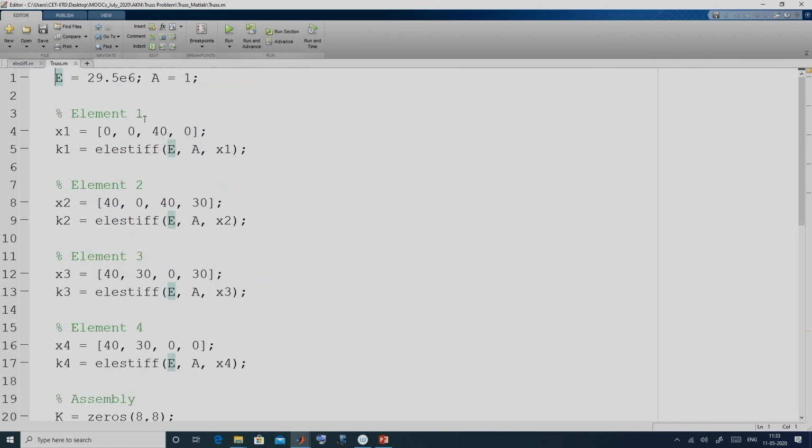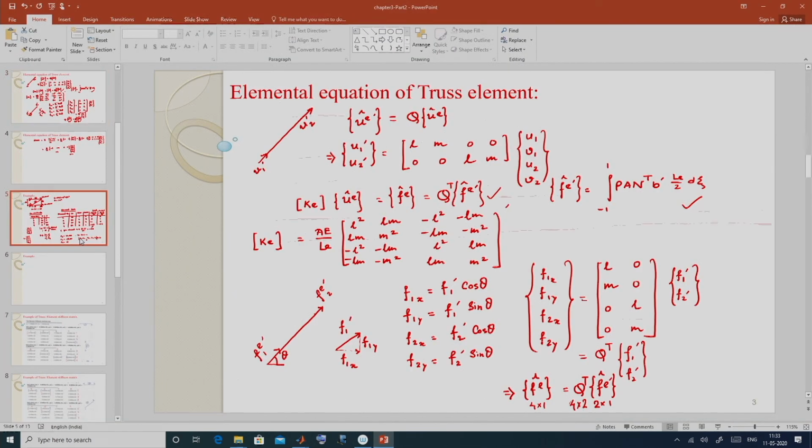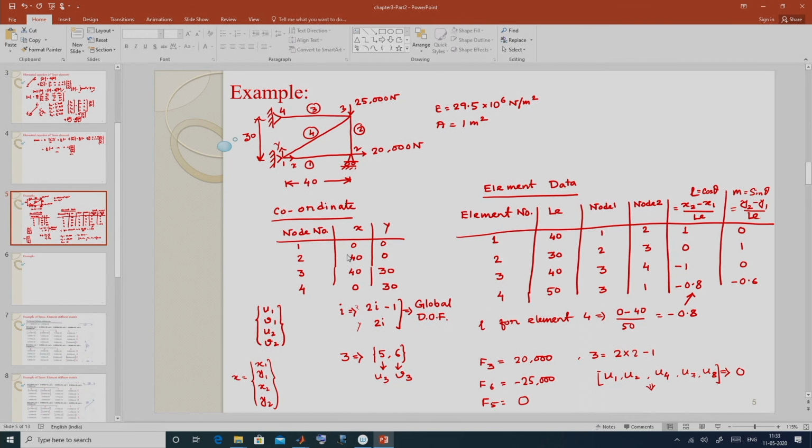So, for first element, this x vector which we are supplying to this function is x1 y1, first node is 1, x2 y2, second node is 2.